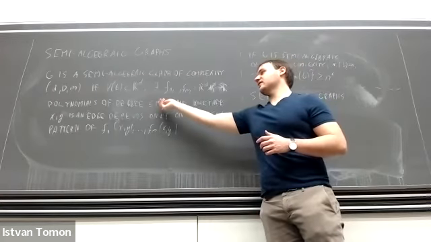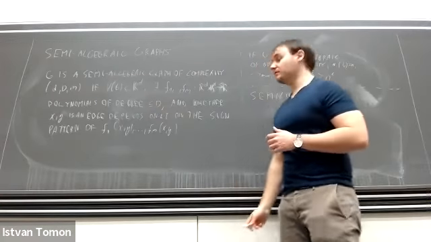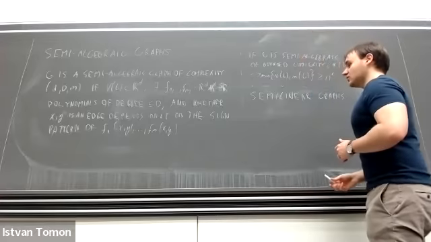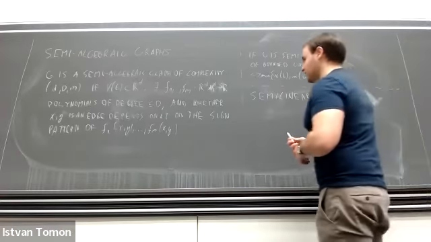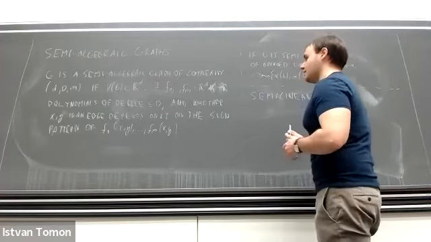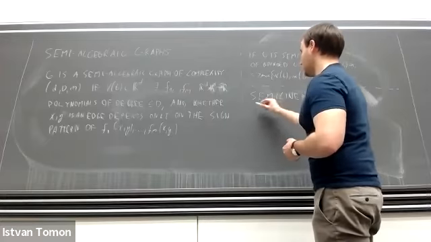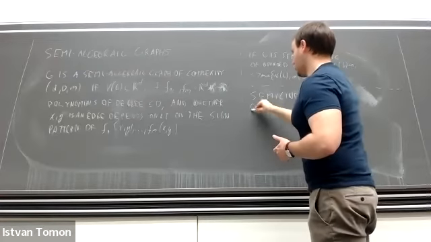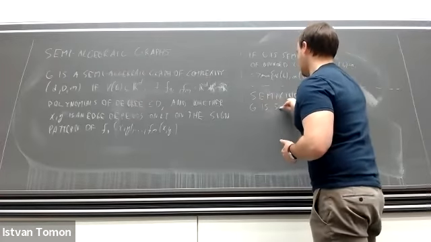So in particular, that D will be just one. Still, let me give you a precise definition. We say that G is semilinear.